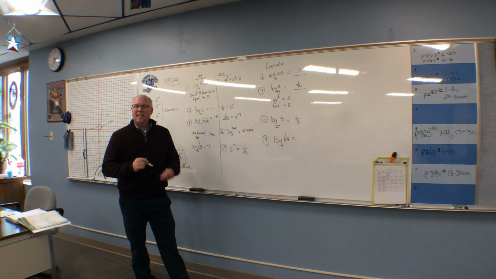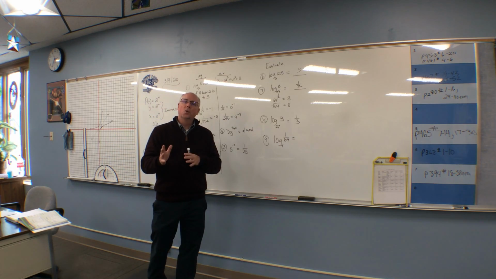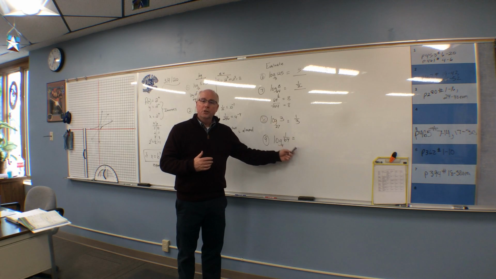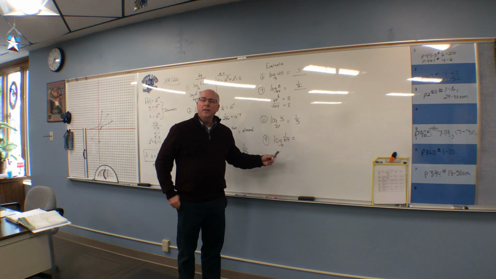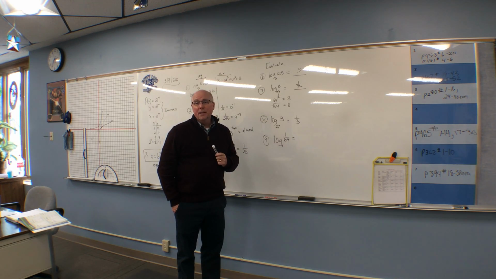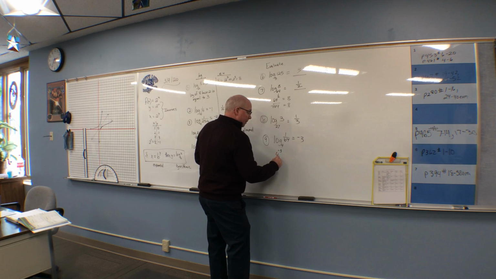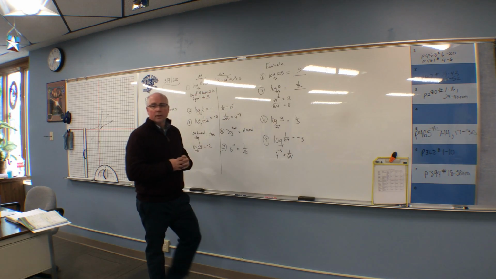Now, how many times does 4 times itself equal 64? 3 times. 4 times 4 is 16, times 4 is 64. And so normally 4 to the 3rd power would be 64, only the 64 is in the denominator. So it would be -3, because 4 to the negative 3 power is 1 over 64, or 1 over 4 cubed. Do you see that?